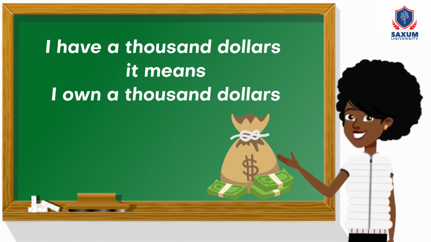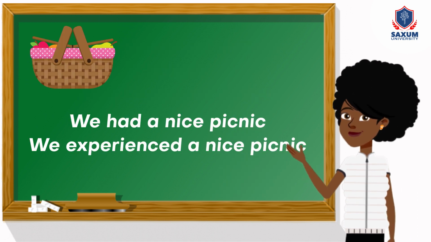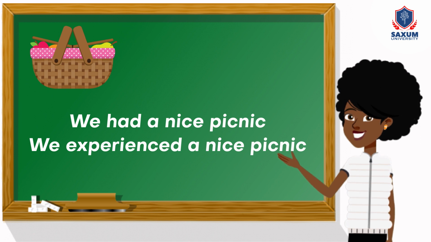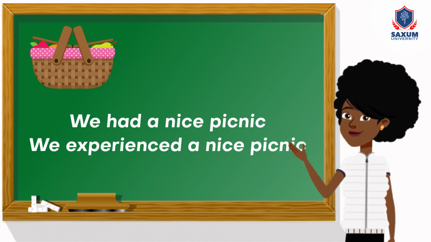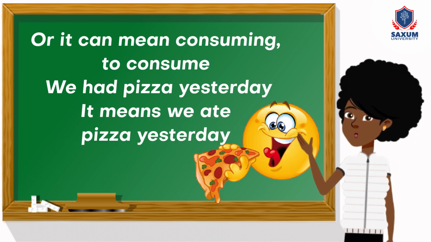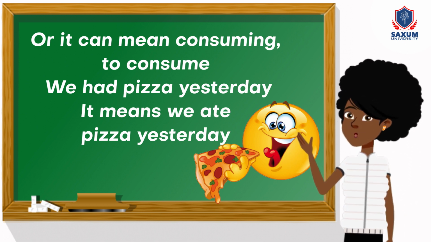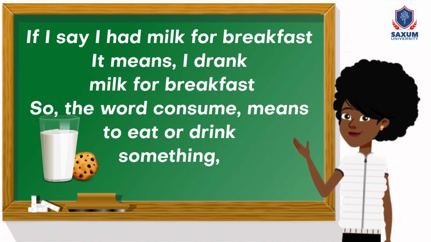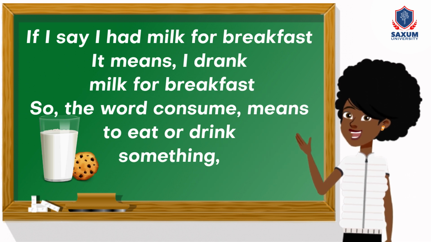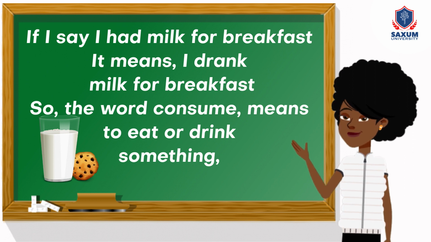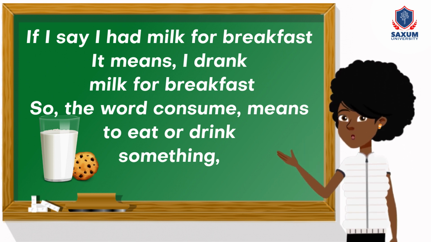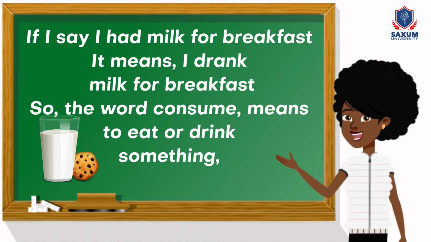Or it can mean experiencing. We had a nice picnic. We experienced a nice picnic. Or it can mean consuming, to consume. We had pizza yesterday. It means we ate pizza yesterday. If I say I had milk for breakfast, it means I drank milk for breakfast. So, the word consume means to eat or drink something.